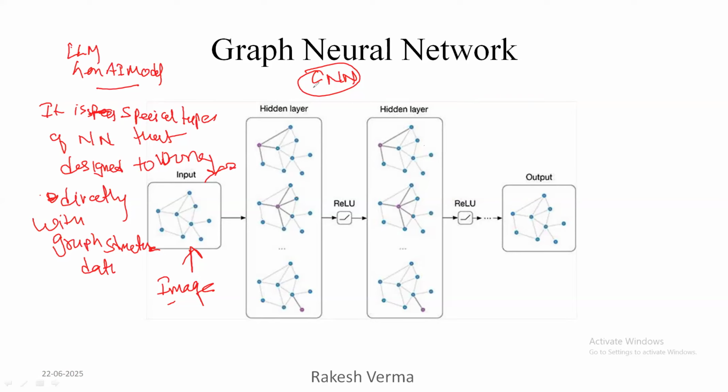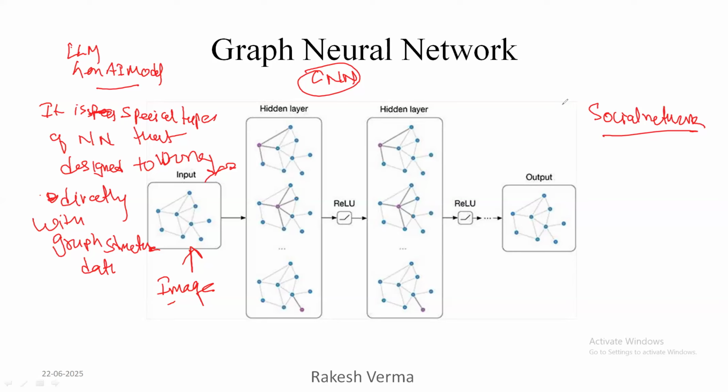Multiple applications of graph neural networks can be observed, like social networks. Social network applications like Twitter, Instagram, Facebook, and LinkedIn nowadays use graph neural networks.